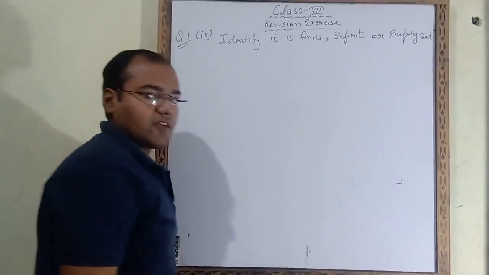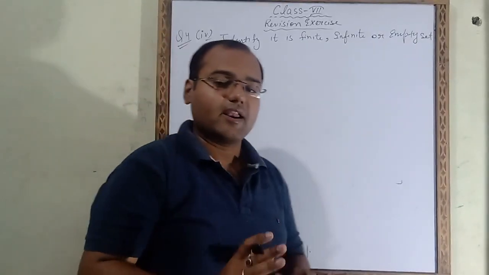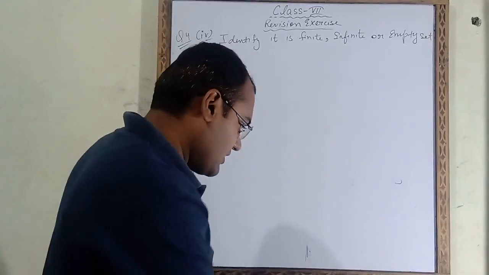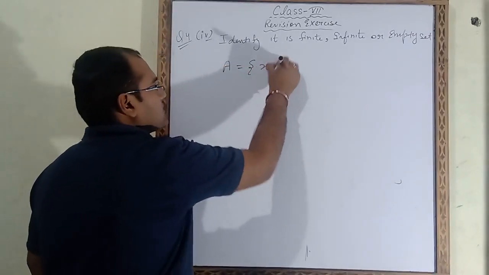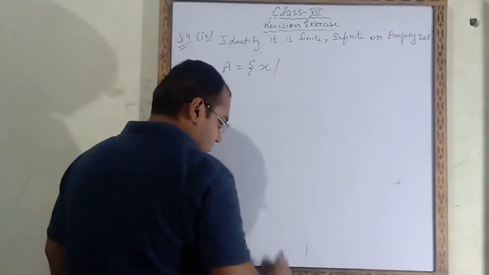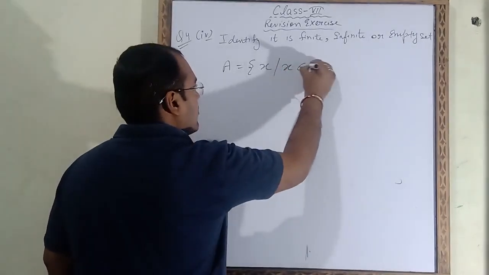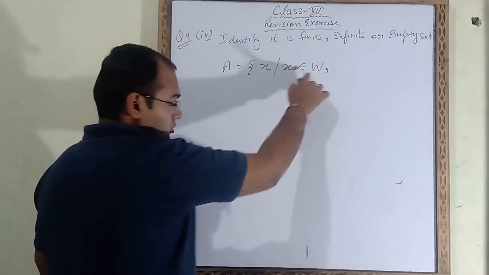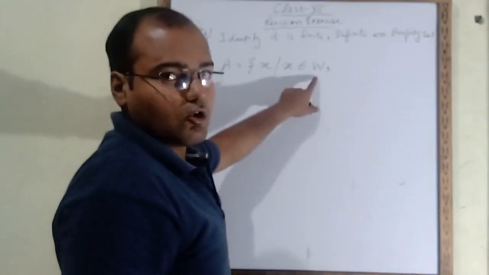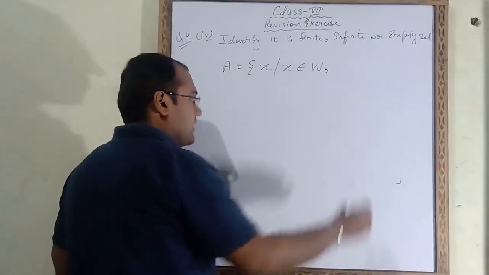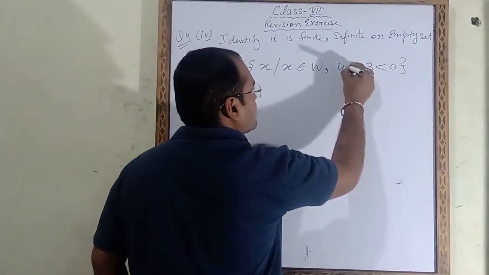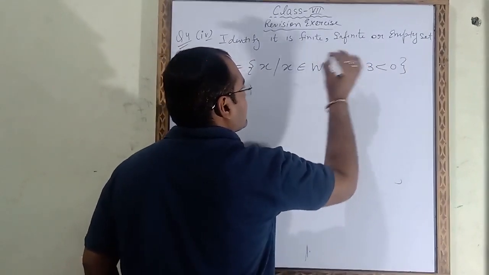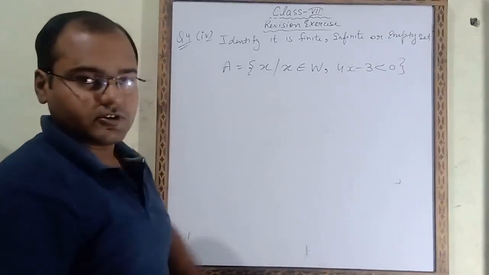The set is A equal to x such that x belongs to whole numbers, capital W. W means whole numbers, and 4x minus 3 is less than 0. So this is the question.